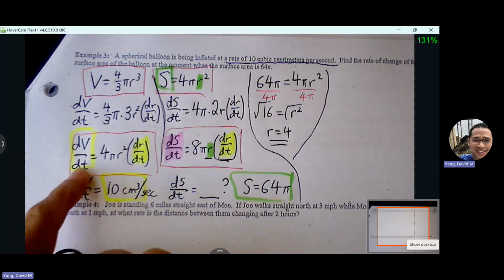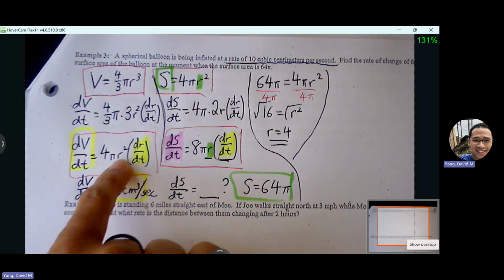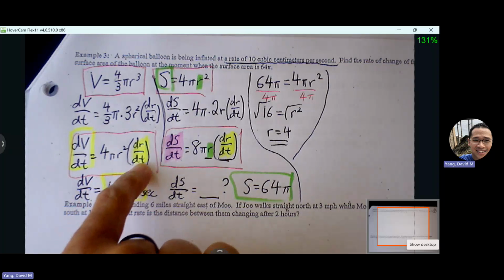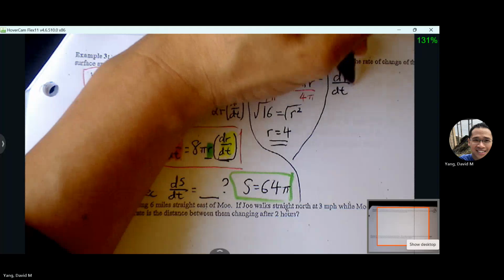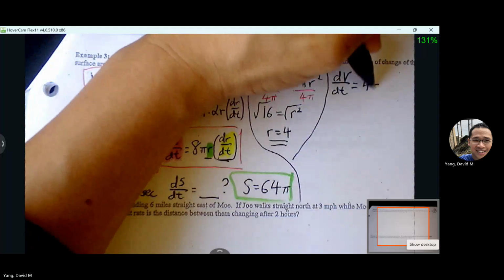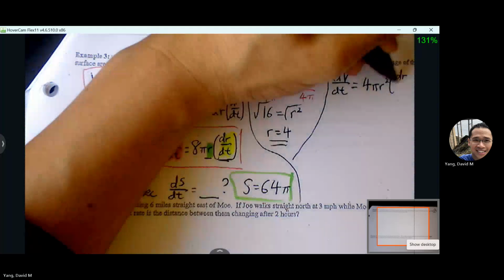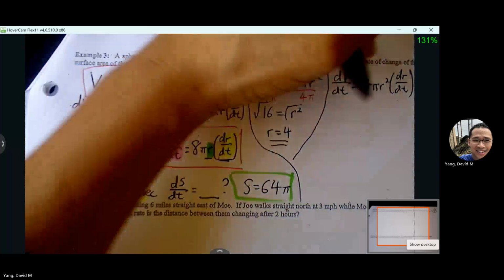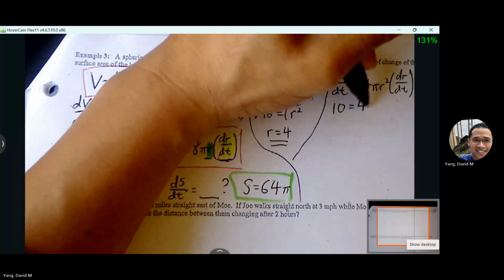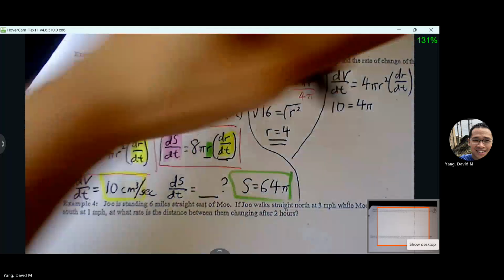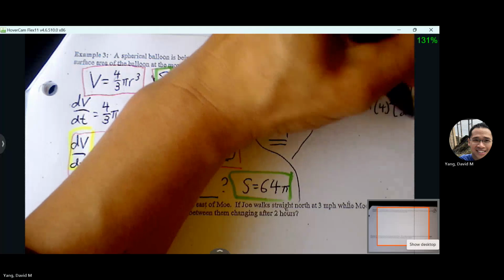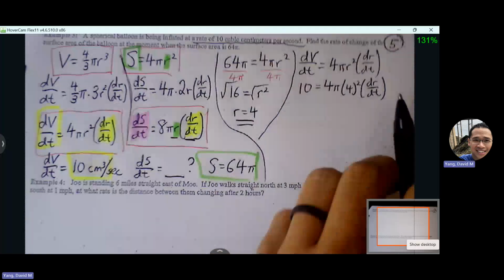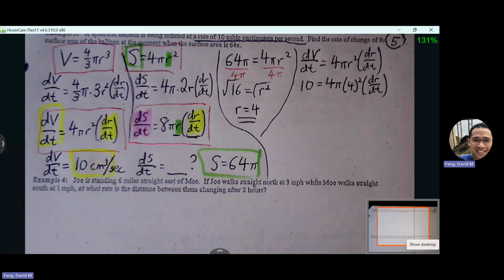So I'll replace 10 in for dV/dt, and here I already have R, so I can also replace R with 4, and that should allow us to move towards solving for that dR dt. I'm going to multiply this out. So 16 times 4 is 64.